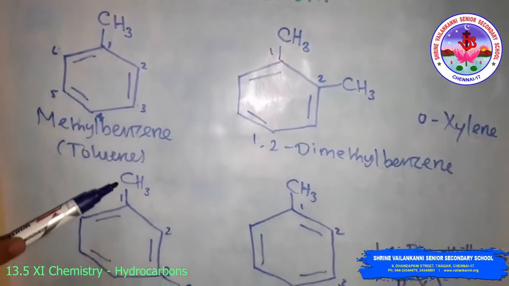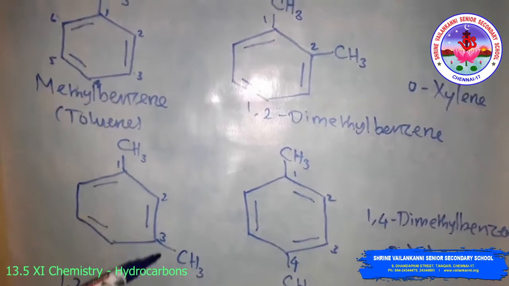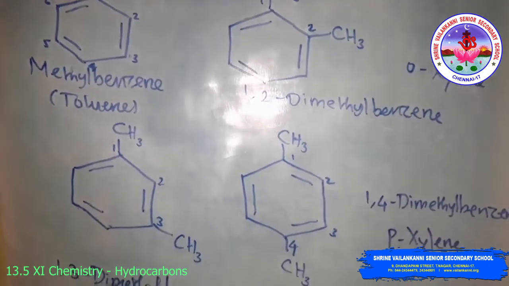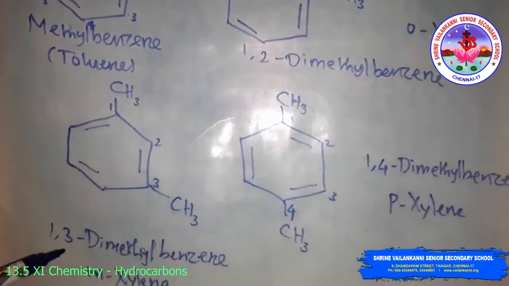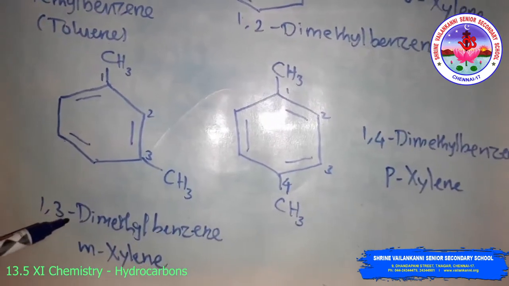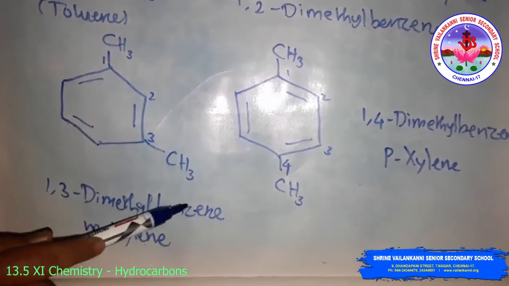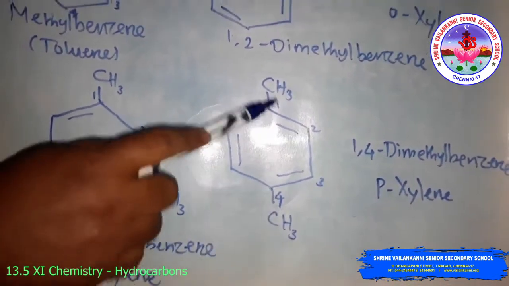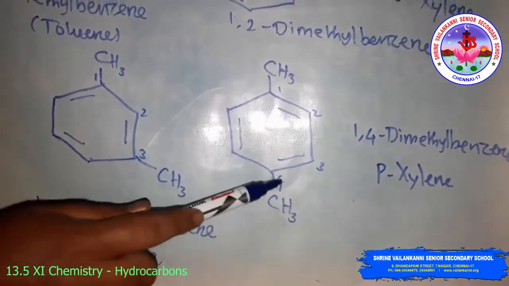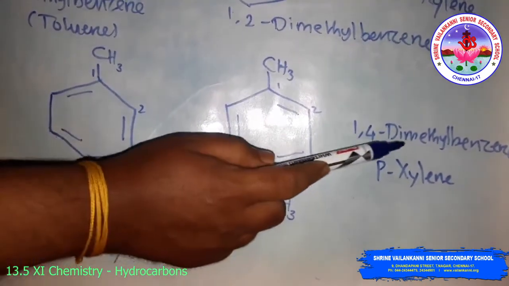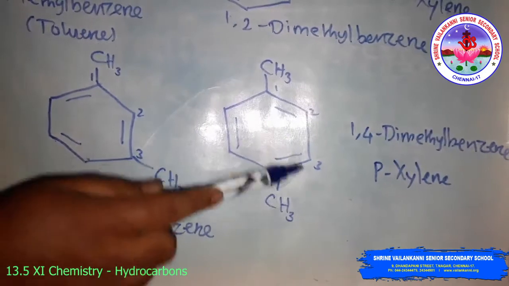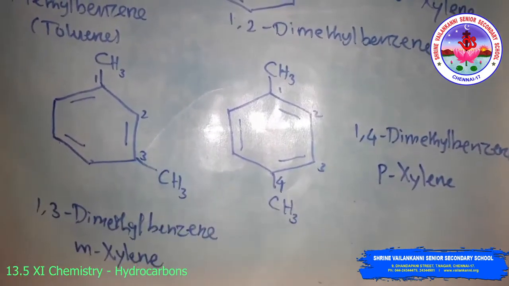Look at this compound, 1,3, which is the meta position, so that is metaxylene. The IUPAC name is 1,3-dimethyl benzene. Similarly, when the methyl groups are in the para position, 1,4, it is 1,4-dimethyl benzene. The common name is paraxylene.